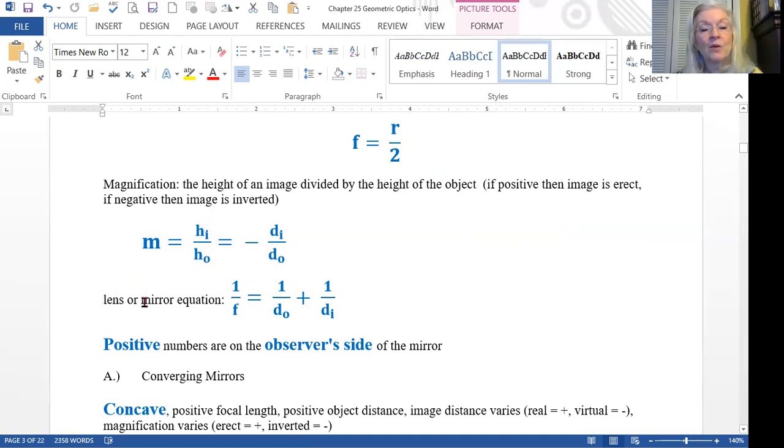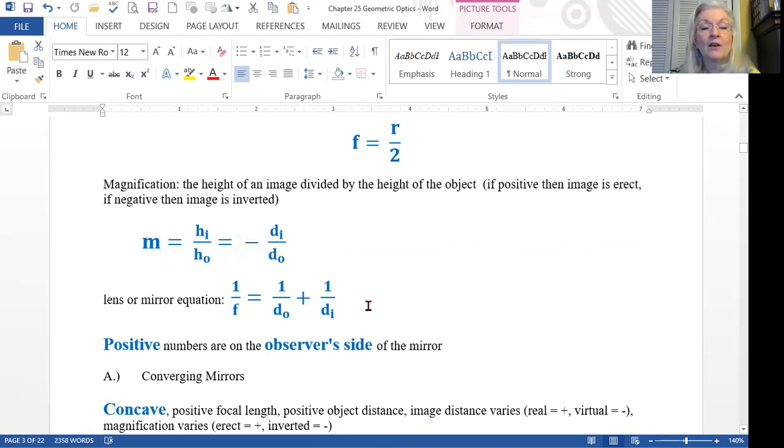Lens or mirror equation, we'll use these 3 equations a lot. You're going to need to know all 3 of them. So the lens or mirror equation is that 1 over F equals 1 over DO plus 1 over DI. And it doesn't matter in this equation whether DI is first or second. It does in the magnification equation.